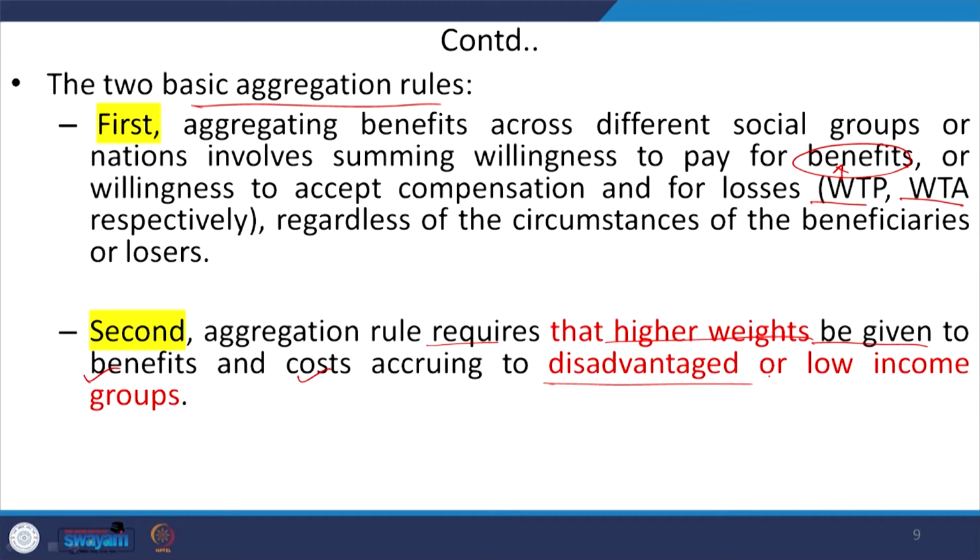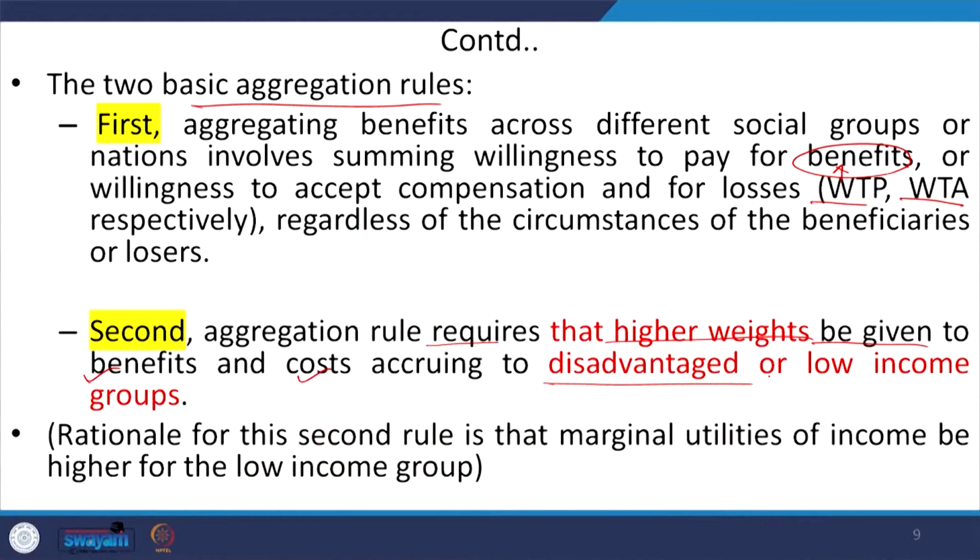Obviously, more weight would be given to the less privileged group, so far as the aggregation rules of costs and benefits are concerned. Then we are aggregating all the costs and all the benefits here in this estimation of cost benefit analysis.